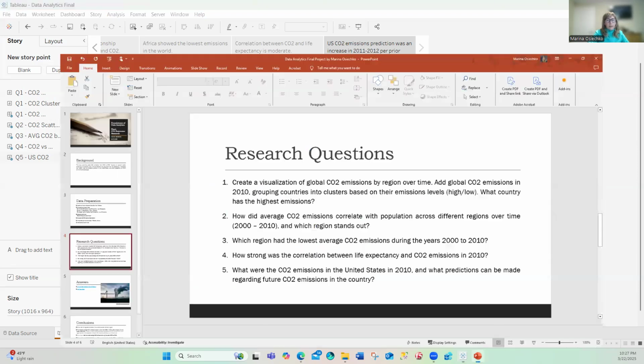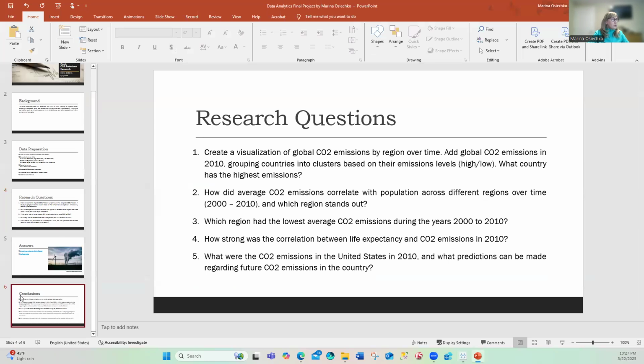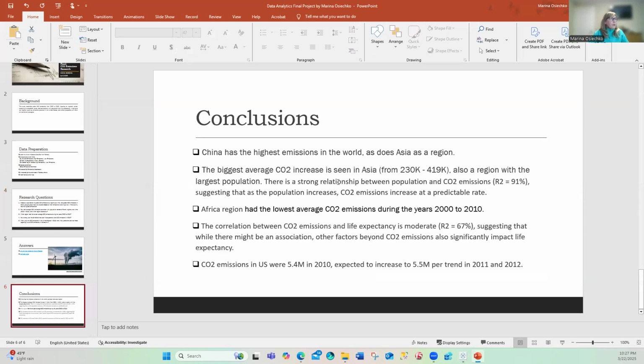And let me bring you to our conclusions for the paper. So China has the highest emissions in the world, as does Asia as a region. Next conclusion is the biggest average CO2 increase is seen in Asia, also a region with the largest population.